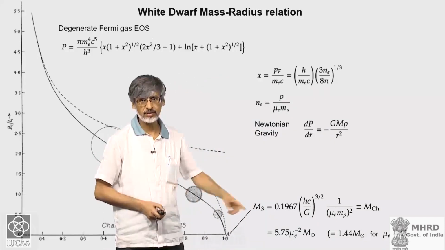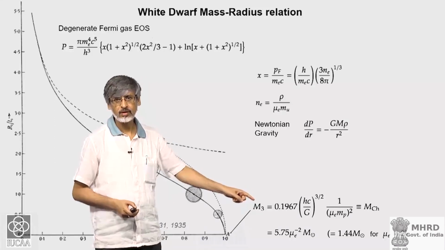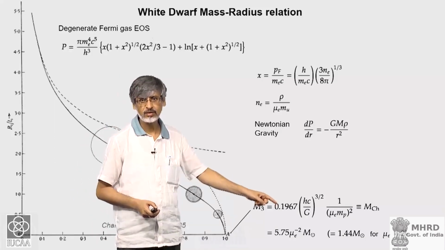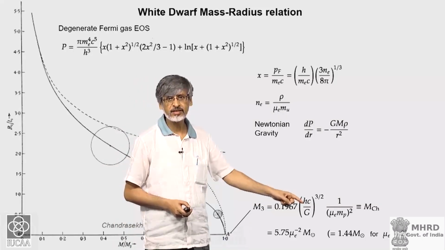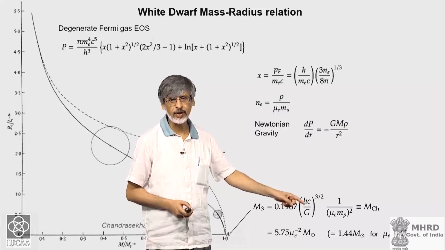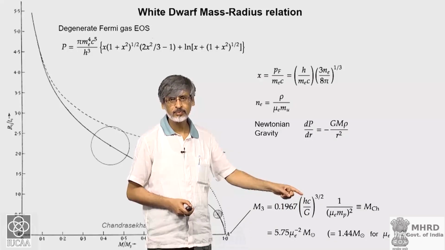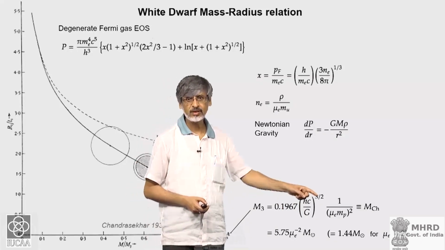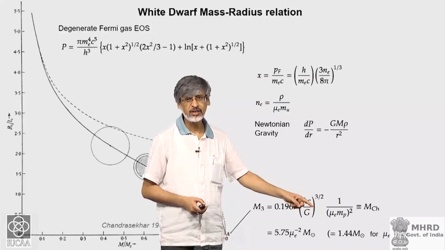which is now shown here, which is a numerical constant times (hc/G) to the power of 3/2 times 1 over (mu_e times proton mass) squared, where h is Planck's constant, c is speed of light, G is gravitational constant, and mu_e is the mean molecular weight.